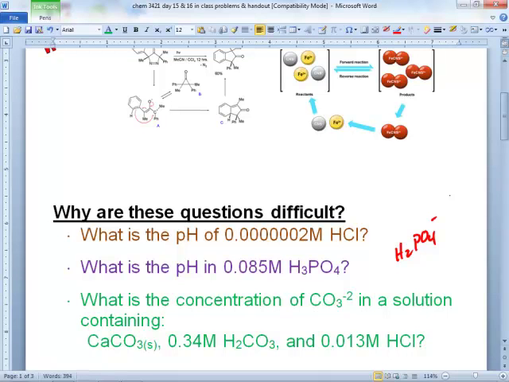What other forms do you have that have H? HPO4 negative 2? How about this compound itself, H3PO4? Is that going to be a species in solution? Yes, and you know why? Definitely yes, because it's not on the list of strong acids.